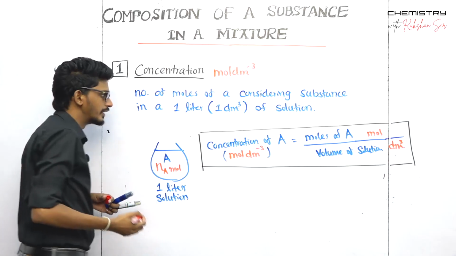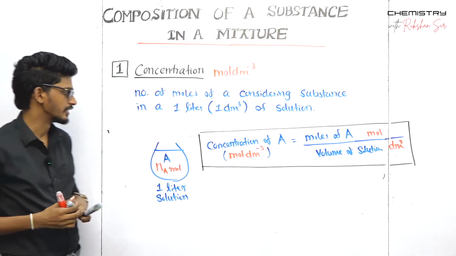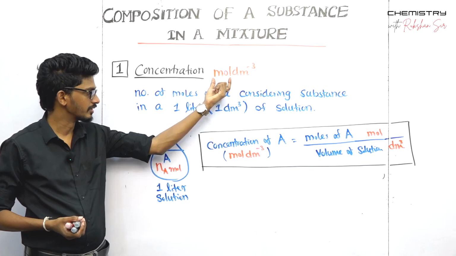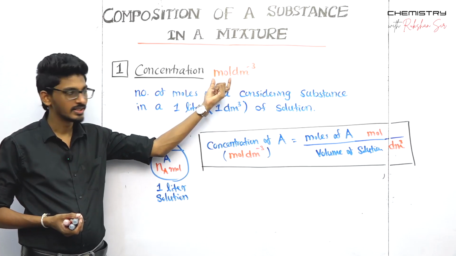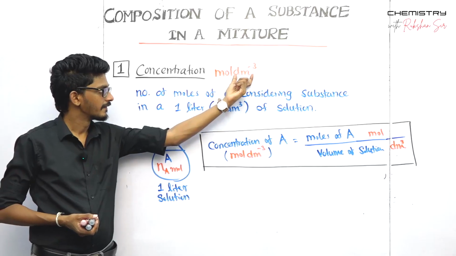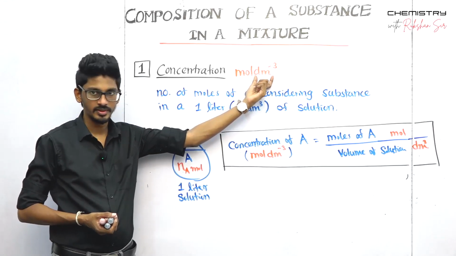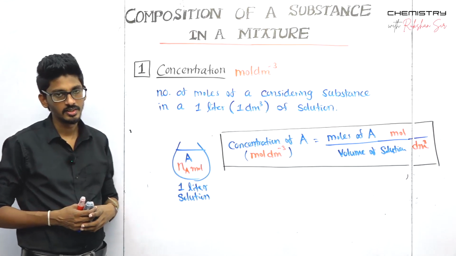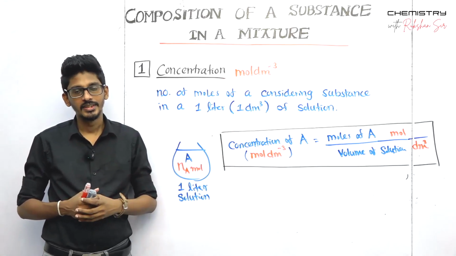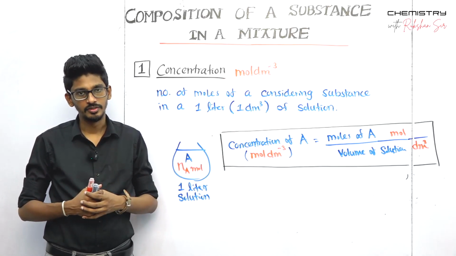To calculate the concentration, first you need the number of moles of the constituent substance, then divide that by the volume in decimeter cubes of the solution. That is what we need to do to find the concentration of a constituent substance.